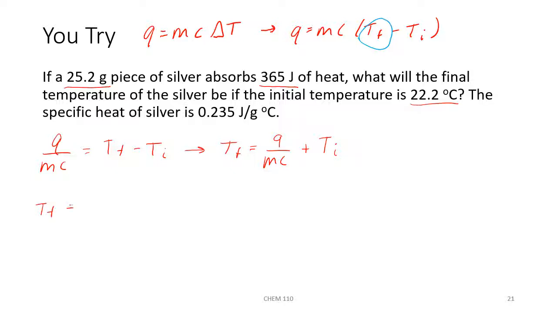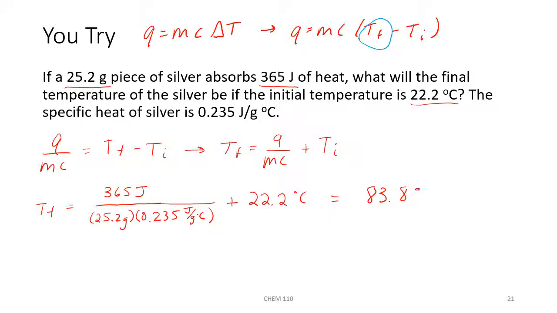T final will equal our heat on the top, 365 joules, divided by our mass, 25.2 grams, times our specific heat for silver, 0.235 joules per gram degrees Celsius, plus our initial temperature, which was 22.2 degrees C. This gives us our final temperature, or T sub f, as 83.8 degrees Celsius.